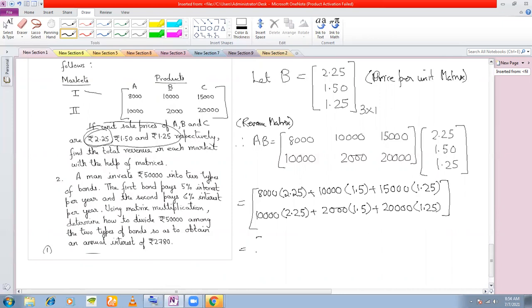Okay, so now if you multiply these, you will get here 8,000 into 2.25 is 18,000. This is 15,000. This is 18,750. This is 22,500.